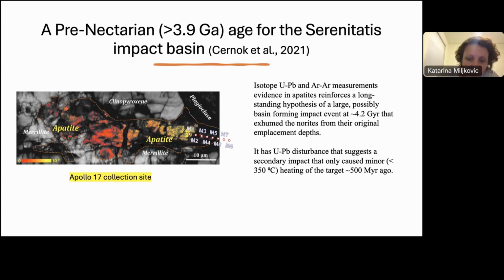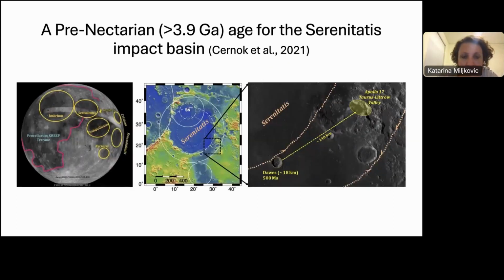The story would go that it was excavated by Serenitatis, for example, because its first resting place was at the edge of Serenitatis, excavated from deep-seated material during basin formation. Then it was moved by an impact into the edge of Serenitatis, by the formation of Dawes crater, and thrown about 140 kilometers away to the final resting place at the Apollo sample site.